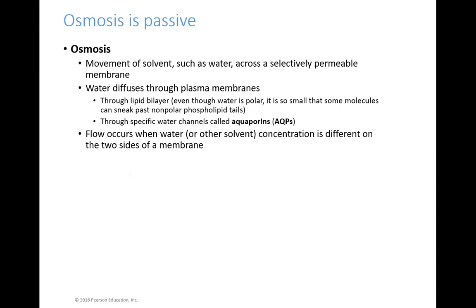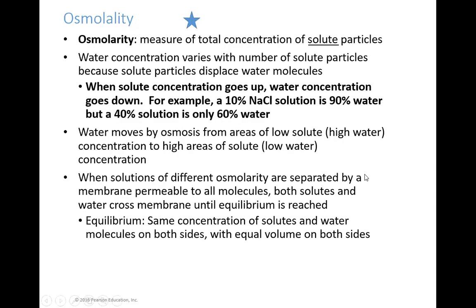It depends on the water concentration. For example, if you have a 10% solution of sodium chloride, it's 90% water, because 10% and 90% is 100%. But a 40% solution of sodium chloride is only 60% water.